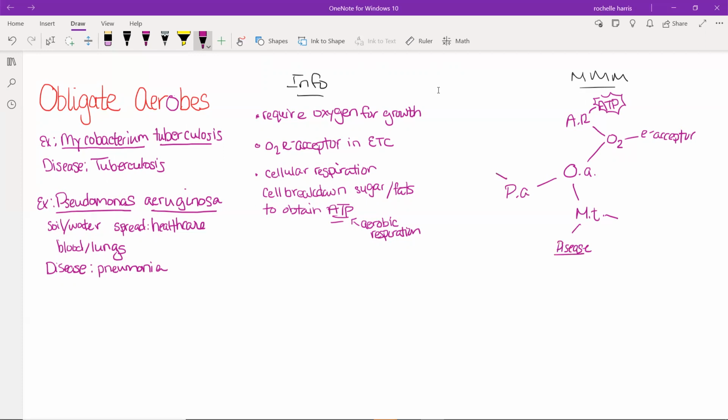We also see that Pseudomonas aeruginosa is found in soil and water. It can spread through healthcare facilities, is found in blood and lungs, and can cause a disease, pneumonia.